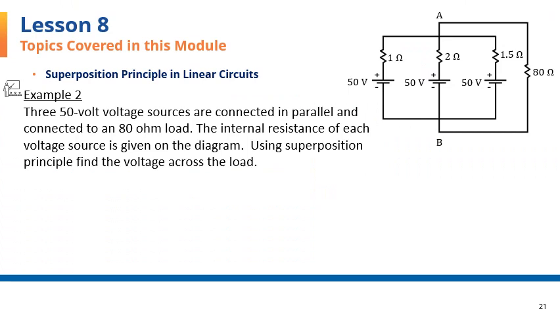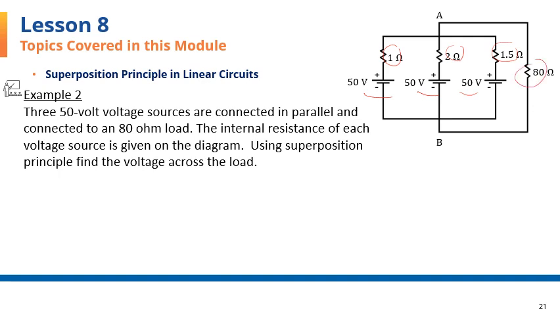In this example, we have 3 voltage sources that have the same open circuit voltage of 50 volts each, but they have slightly different internal resistances, 1 for one of them, 2 for the other, and 1.5 ohms for the third one. These sources are connected in parallel and are powering an 80 ohm resistive load.